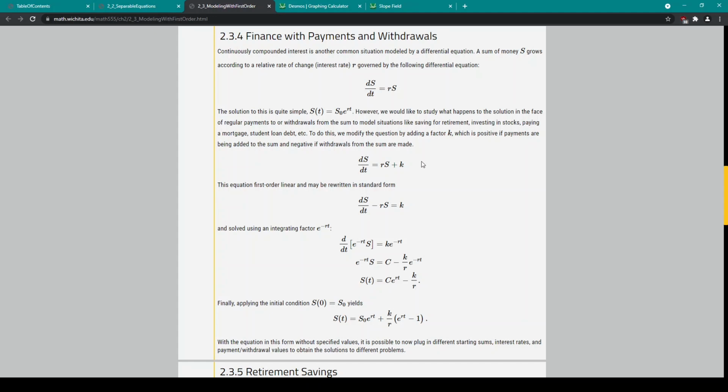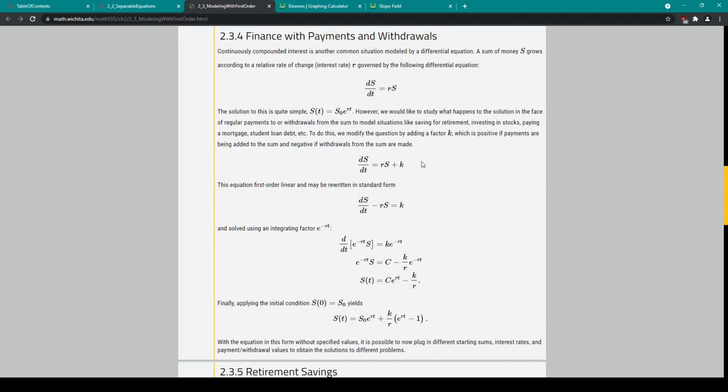And so what you do is, just like the equation that we wrote down, it ends up being a first order linear equation that is also separable. So you can solve it as a separable equation or as a first order linear equation with integrating factors. In the example typed up here, it's solved by an integrating factor.